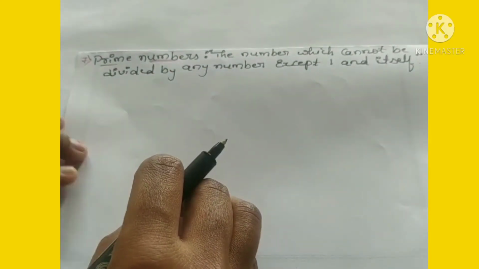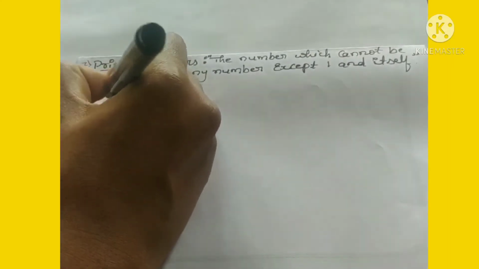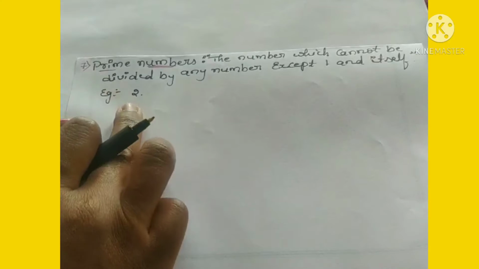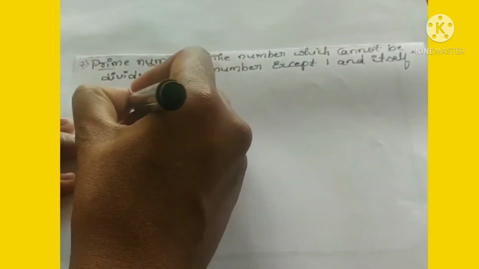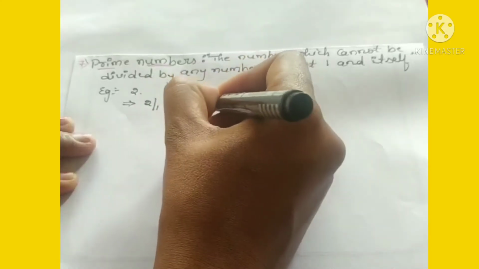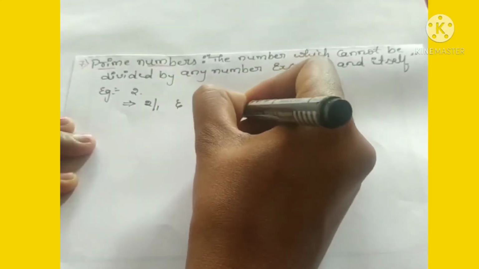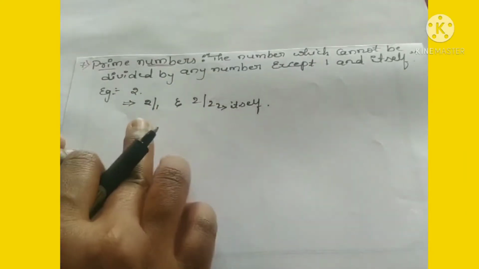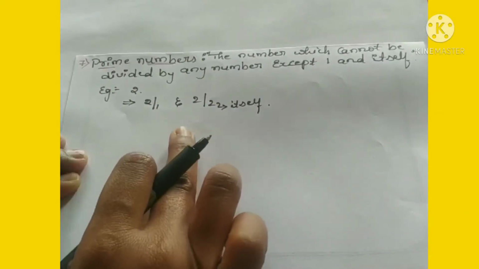Suppose you consider 2. This 2 is divisible by 1, and 2 is divisible by 2, that means itself. Apart from this, 2 is not divisible by any other numbers.